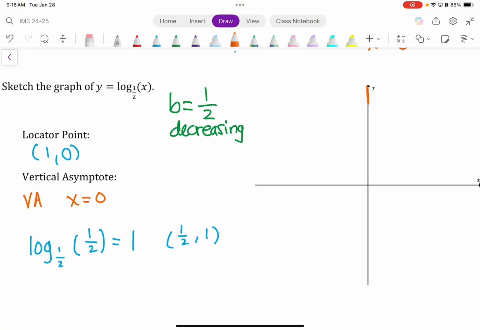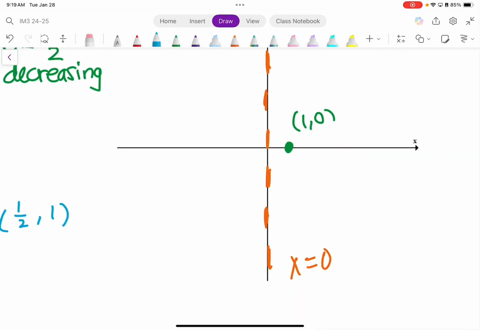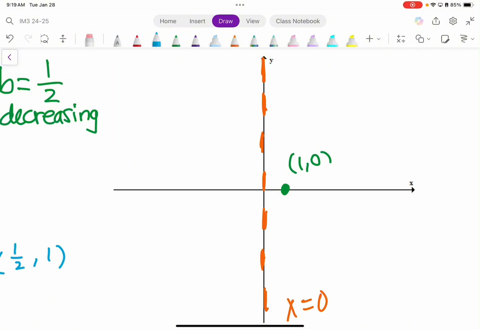Let's start graphing this. Start with your asymptote, up and down, which is the line x equals 0. We have a point through 1, comma 0. And I'm going to zoom in for this one. The second point is the point 1/2, comma 1, so it's right before our locator point.